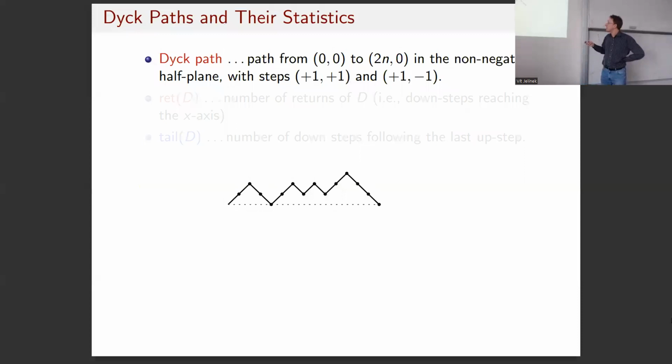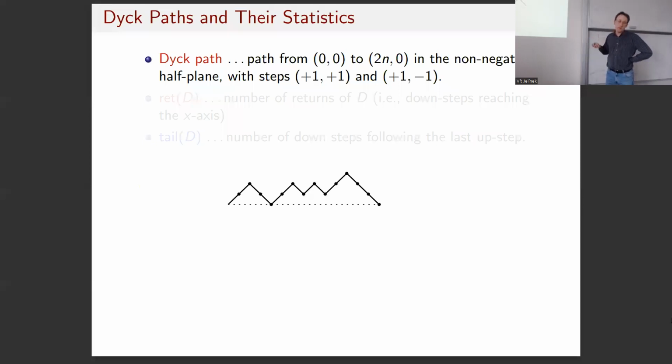It makes up steps where it goes up, and it makes down steps where it goes down. So some sequence of up steps and down steps which starts in 0, 0 and ends in 2n, 0 is a Dyck path, and it stays above the axis.